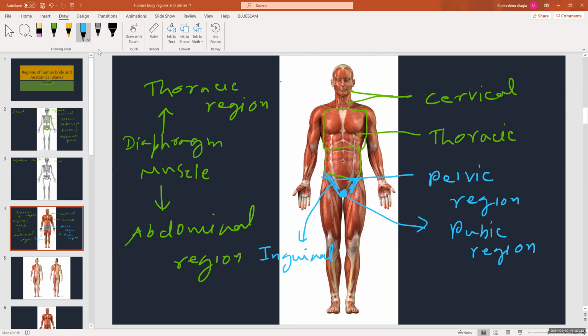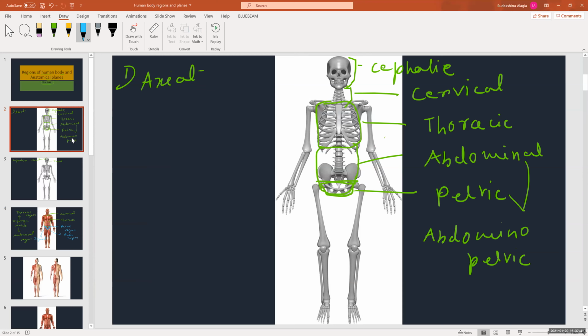So we got all the axial regions. We had first cranial and facial, and here we have the cephalic, cervical, thoracic, abdominopelvic.